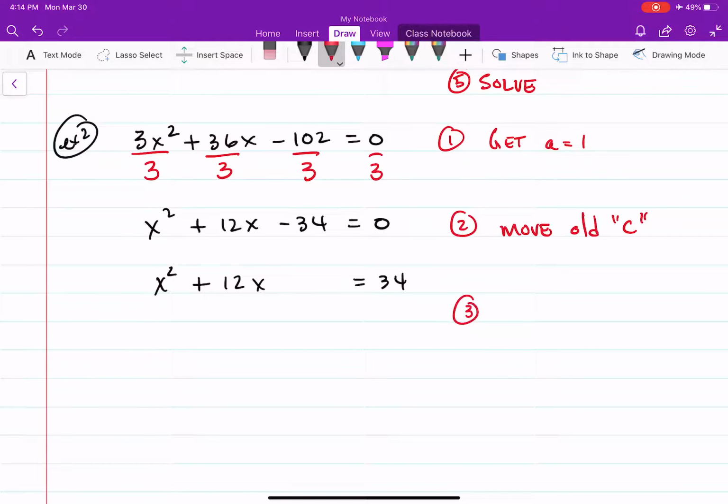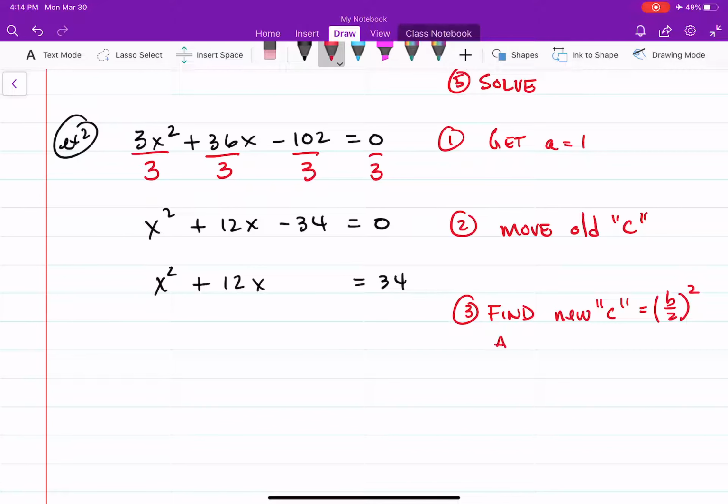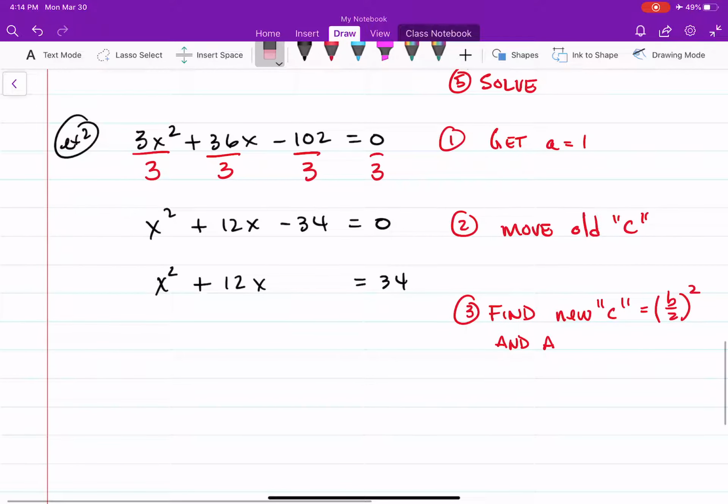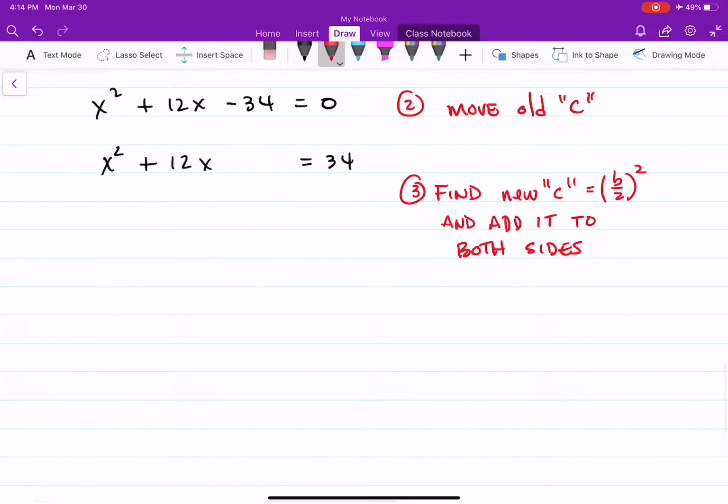Step 3, find new c, which is b divided by 2 squared, and add it to both sides. All right, so what's my b?